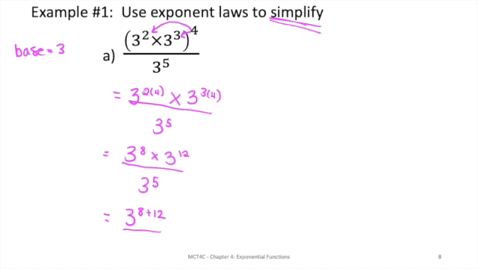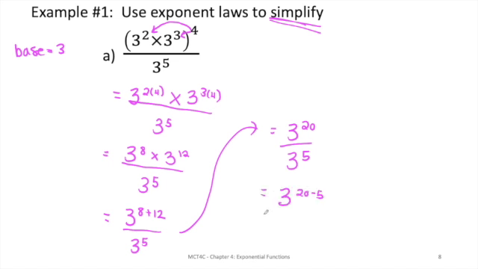Now still simplifying your numerator, so you're going to do 8 plus 12. Sorry, I think I called this before your product law. It's your power of power law that you multiply. I apologize. Now you're going to have 3 to the 20, all over 3 to the 5, and now your quotient rule. So you're going to subtract your exponents, so you should get 3 to the 15, and that's what it means by simplifying.